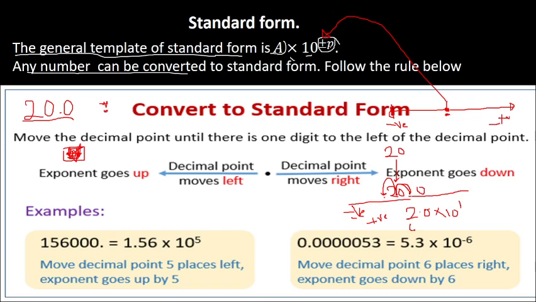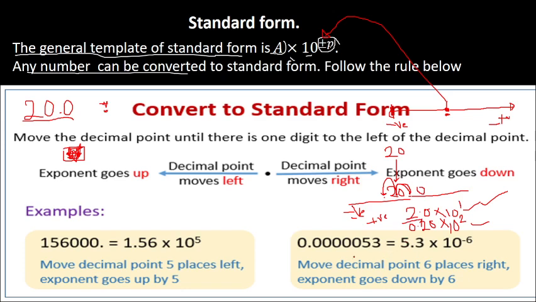So I will now have 0.2 times 10 raised to power 2. So I have converted this number to index raised to power 1 and index raised to power 2. But in normal life, they always leave one digit. So this is the best standard conversion. You will remain with one digit.